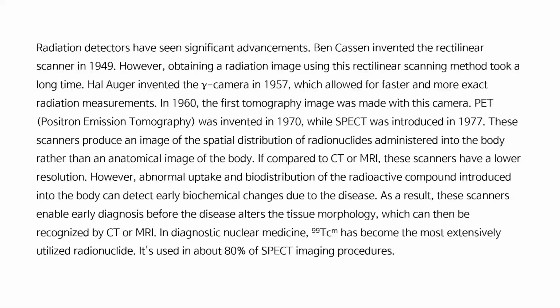Radiation detectors have seen significant advancements. Ben Cassen invented a rectilinear scanner in 1949. However, obtaining a radiation image using this rectilinear scanning method took a long time. Hal Anger invented the gamma camera in 1957, which allowed for faster and more exact radiation measurements.